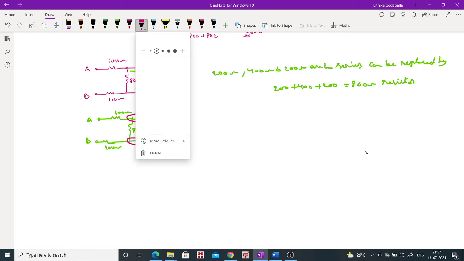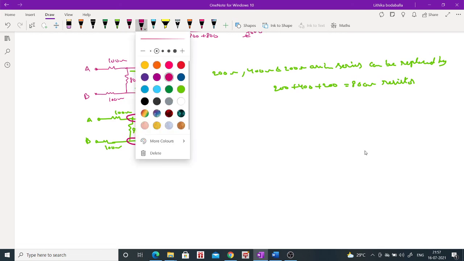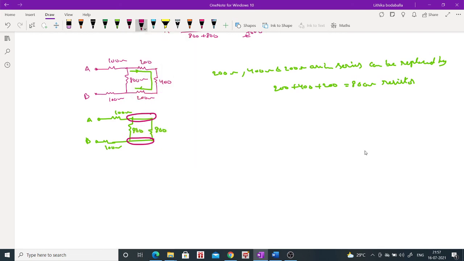If two elements are connected in parallel and the resistance values are the same, they can be replaced with a single resistor having half of the resistance. So I am redrawing this 100 ohm. This will become 400 ohm and another 100. This is terminal A, this is terminal B. I want RAB.